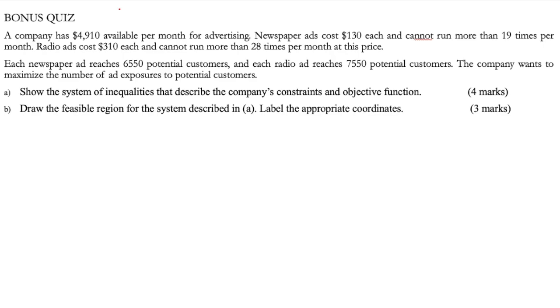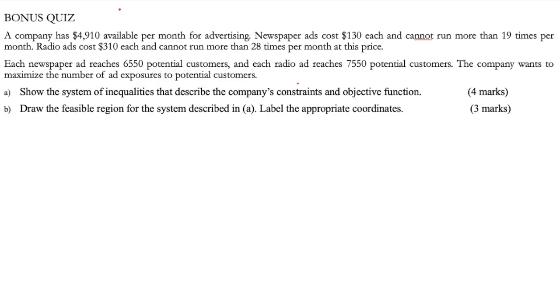Radio ads cost $310 each and cannot run more than 28 times per month at this price. Each newspaper ad reaches 6,550 potential customers, and each radio ad reaches 7,550 potential customers. The company wants to maximize the number of ad exposures to potential customers.